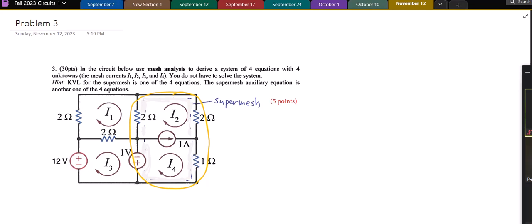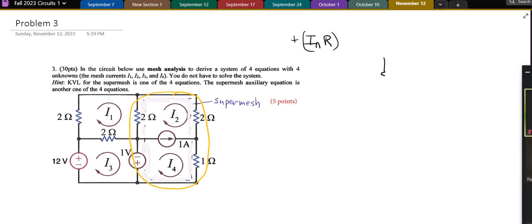So the way you write your mesh equations is you go around in the direction that you drew it, and at any resistor you come to that is not a shared branch, the voltage drop will be plus the current of the mesh you're on times the resistor.